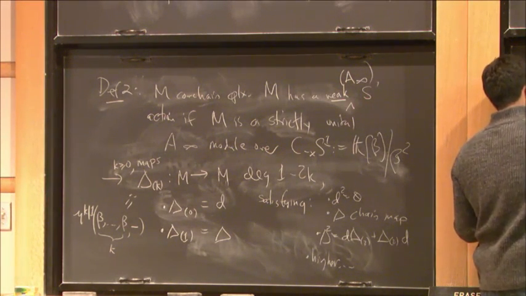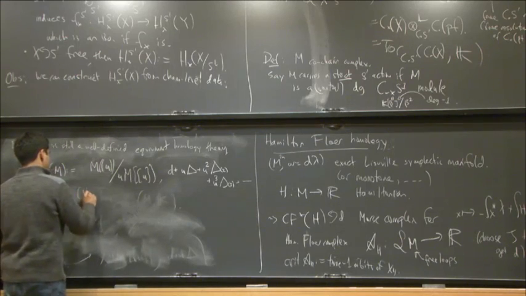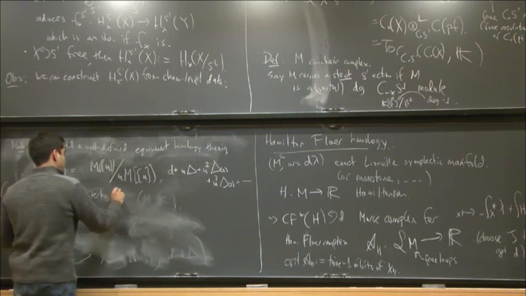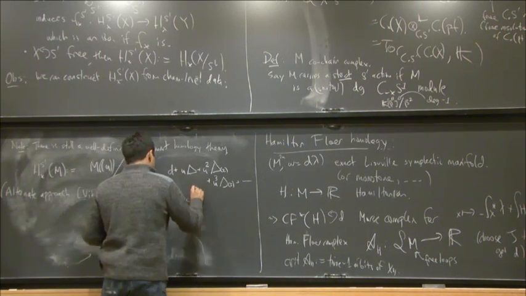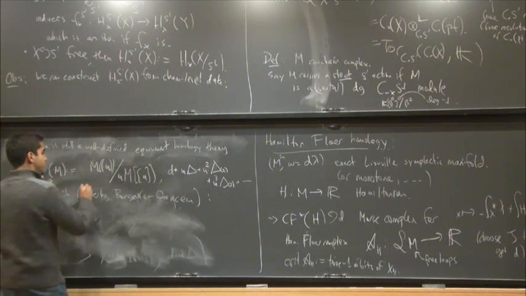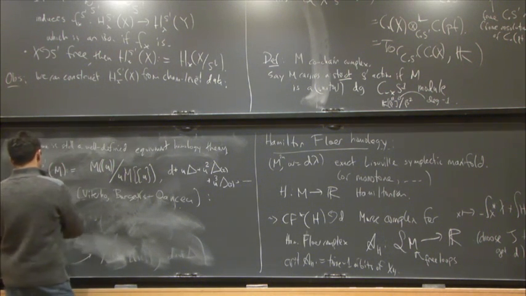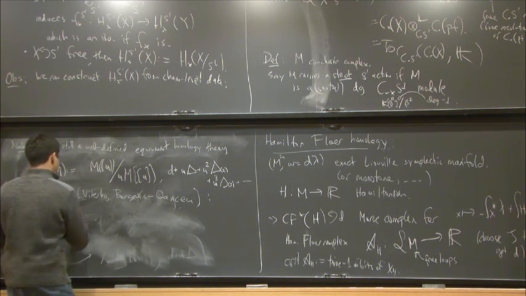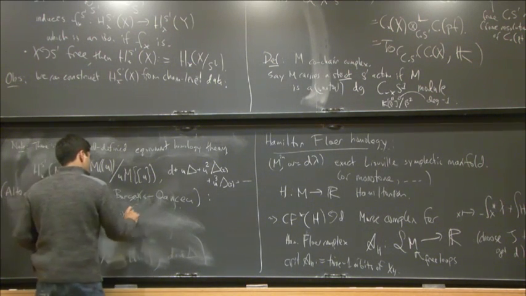And there's an alternate approach to equivariant homology. Maybe this is studied by Viterbo and Bourgeois and Oancea, which is that instead of just looking at the chains on the S1 action, or looking at these parameterized moduli spaces, why don't you just take Floer homology for the Borel construction?